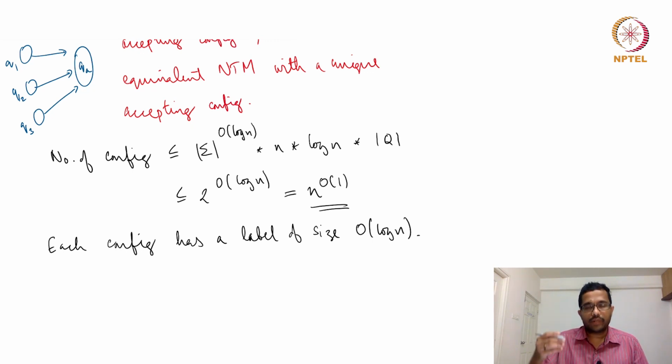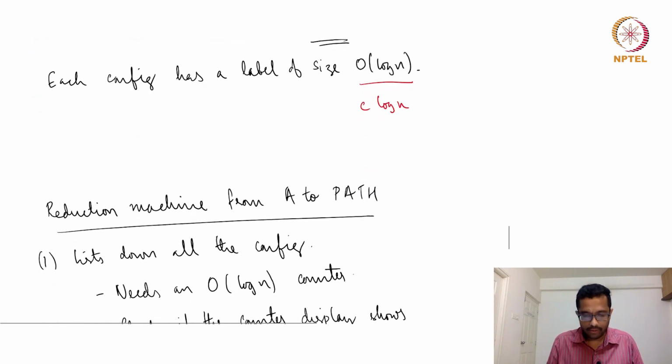Which means to represent a configuration, we can have a label of length order log n, because to represent something we need logarithmically many bits. So log of 2 power order log n is simply order log n. So each configuration has a name of length order log n, maybe C log n for some constant. Okay, this is going to be important.